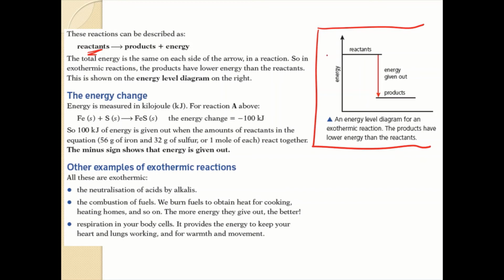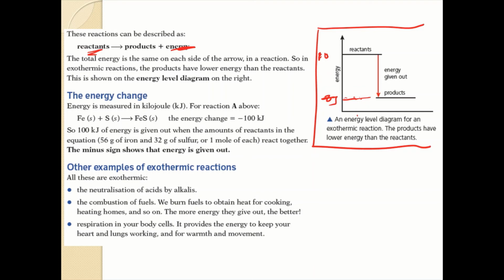You can see here, for example, if we're starting with 10 joule of energy and we ended with say 8 joule of energy, there is a shortage of 2 joules of energy, and that 2 joules of energy is the energy lost as heat energy, which your thermometer picks up and recognizes as temperature rise. So exothermic reaction is accompanied by increase in temperature.